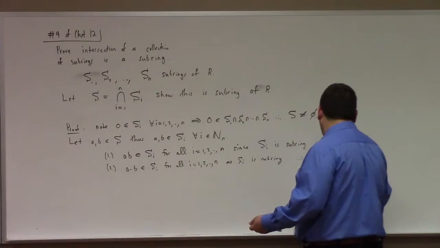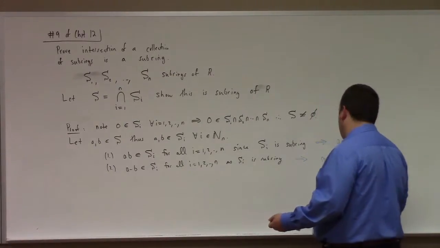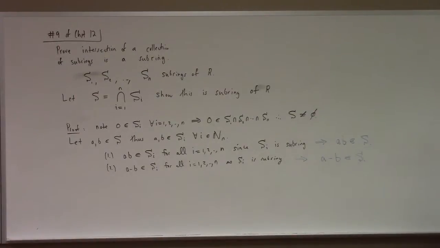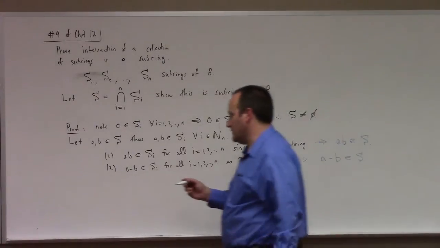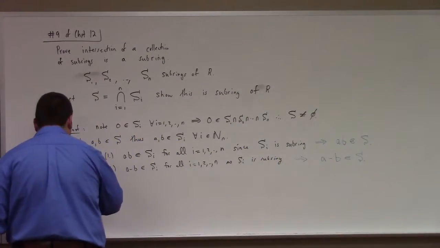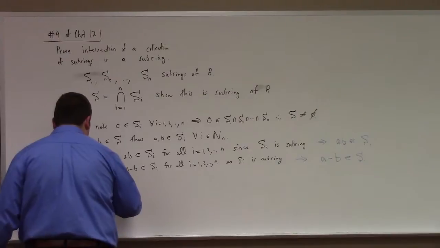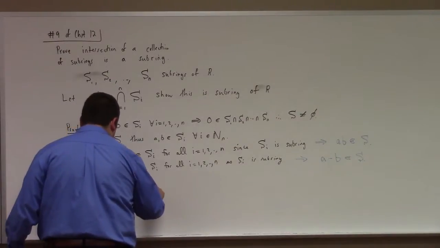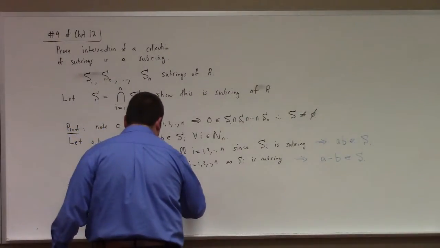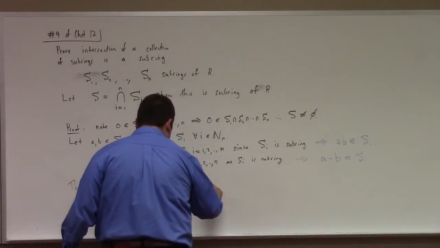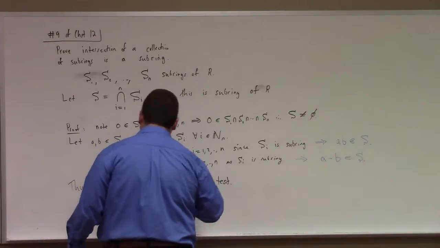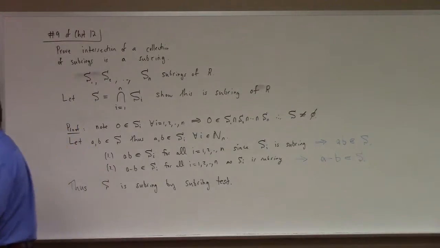Because what we've shown is that the difference, A minus B, is in each of the subrings that forms the intersection. Consequently, it's in the intersection of the totality of the subrings. So you put these together, and thus S is a subring by the subring test. And there it is. So that's number 9.